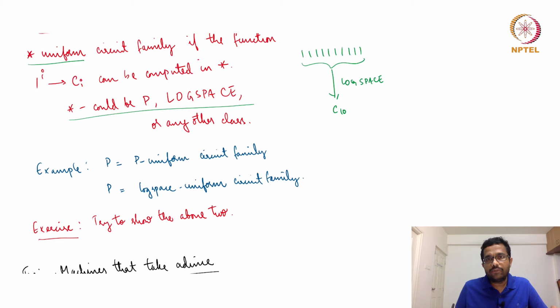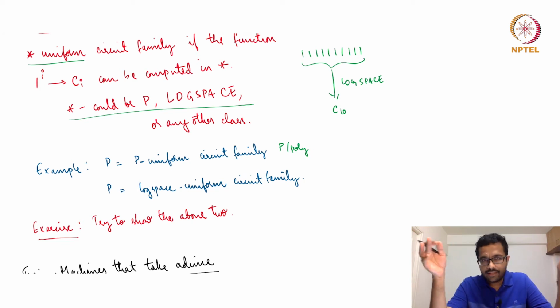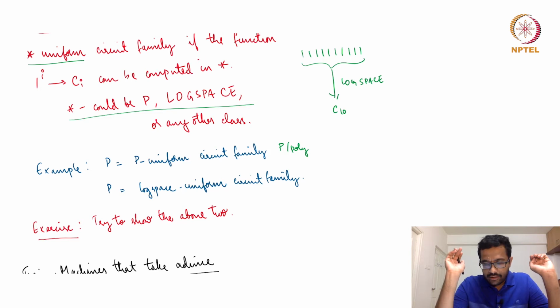For instance, first think of P uniform P by poly. You have polynomial sized circuits that are generated by a P uniform function, meaning a function that takes as input the length of the input and generates the circuit description, and the description is polynomial in size.